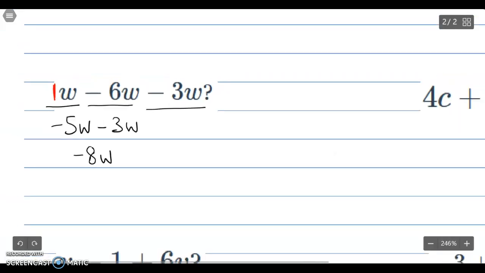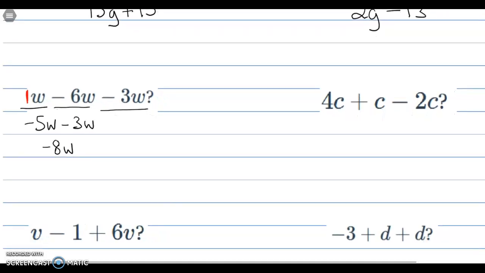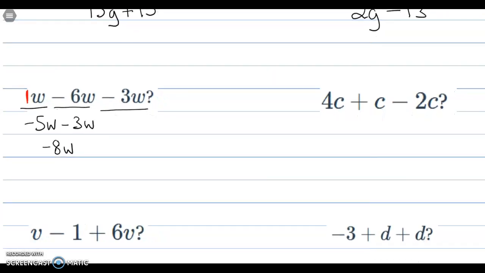All right, let's take a look at another problem. See if you can solve this one. All right, let's go ahead and work this one out. So this one is similar.